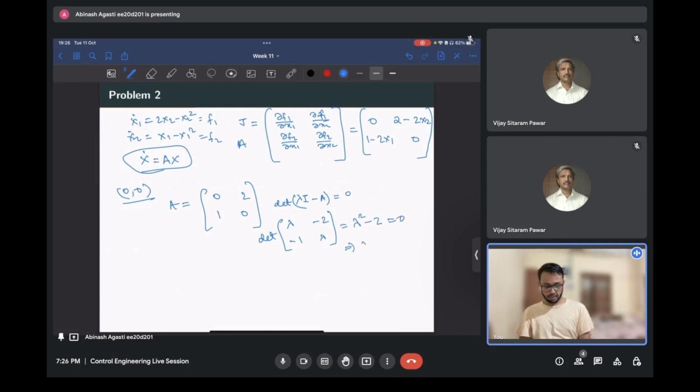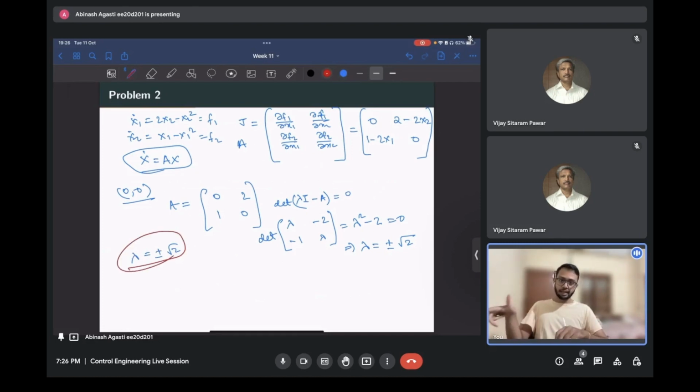So this implies lambda equal to plus minus root 2. Is it correct? So here the eigenvalues are plus minus root 2. So from this, what can we tell about the stability of the system at the equilibrium point (0, 0)? Is it a stable equilibrium point, an unstable equilibrium point, or can we say nothing? What do we say?